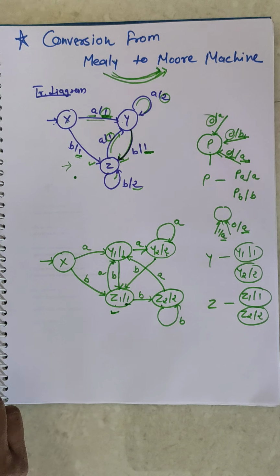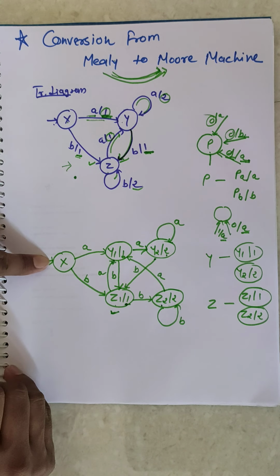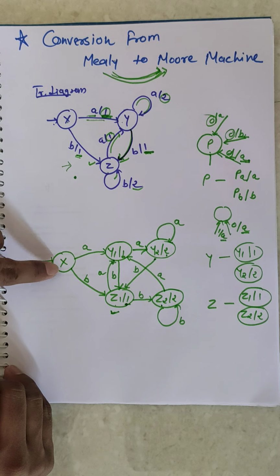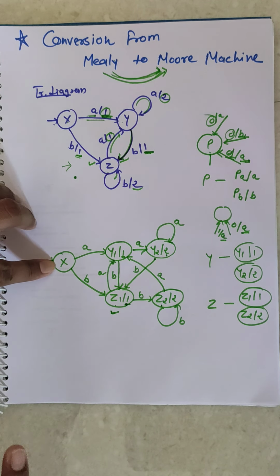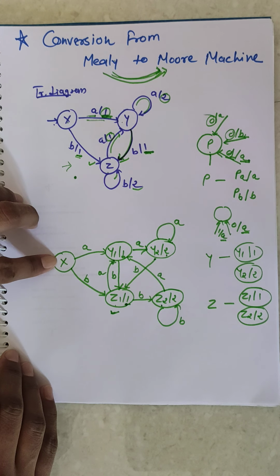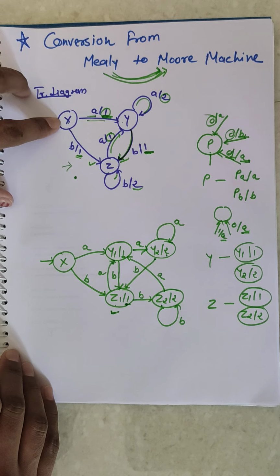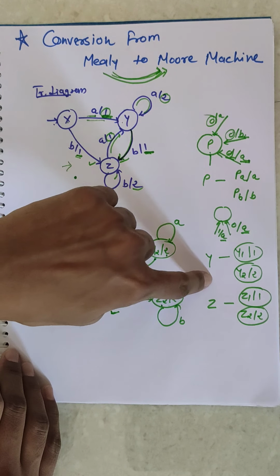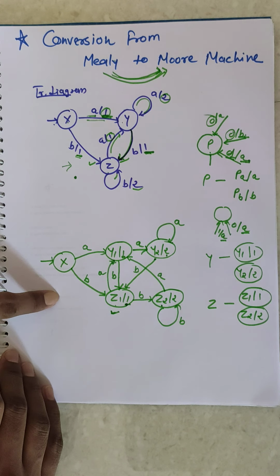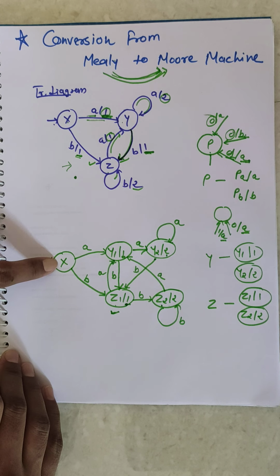Okay. Now there is some case where there is no incoming edge, and that happens only with the initial state. So whatever the default output is, you represent that with the initial state. As in the initial state there is no incoming edge, we don't have to perform any of this. But in the Moore machine we have to represent the state with output.